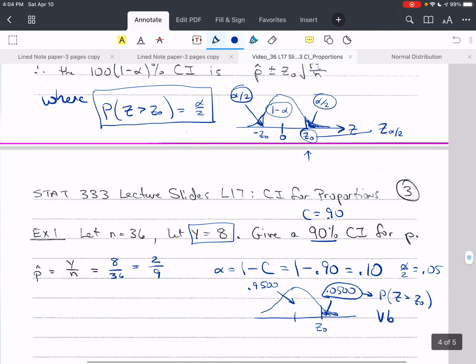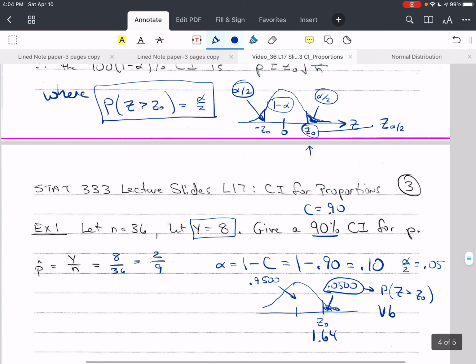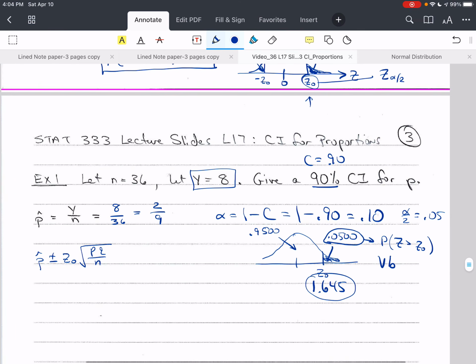So z naught is 1.645. Now, we need to calculate p hat plus or minus z naught times the square root of pq over n. P hat, we've said, is 8 over 36.